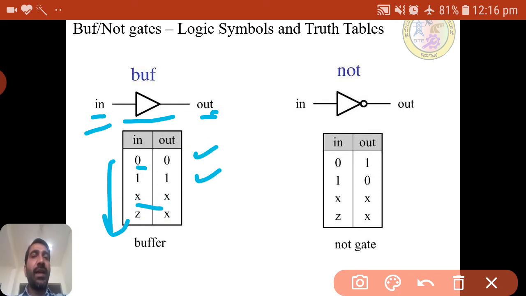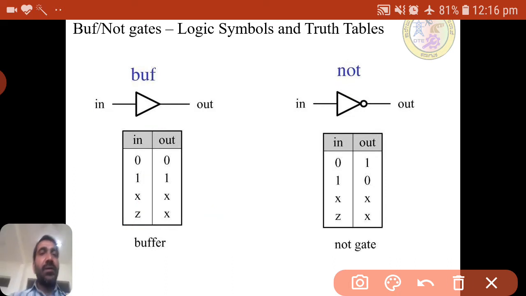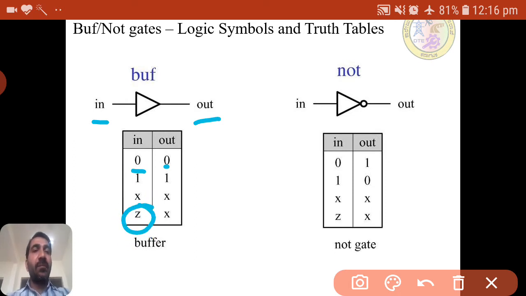If the input is x, output is x, and even if the input is high impedance, the output is unknown, that is x. Whatever the input is, the same transfers to the output. The only exception is high impedance input, where the output will be unknown, that is x.